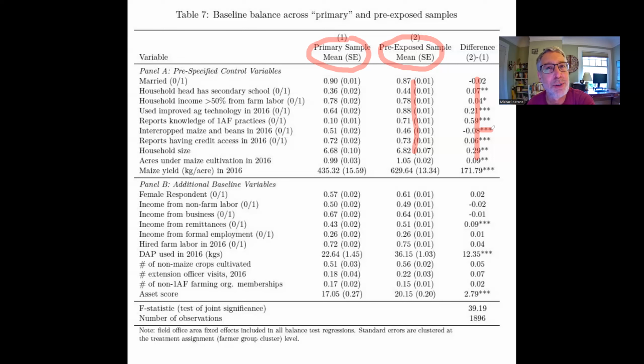If there's three asterisks, that means that we reject the null hypothesis at the 1% level, so the p-value is less than 0.01 for the test of the difference in means. So that's the basics of a balance table.